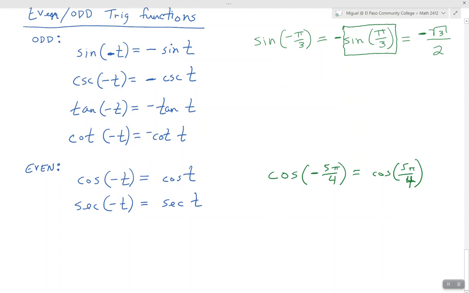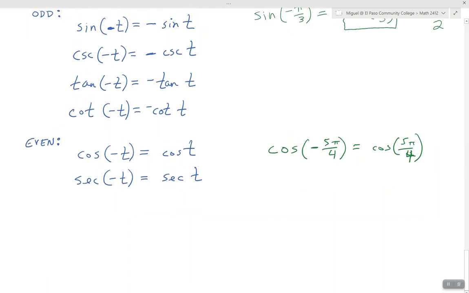Now the reason cosine is even: some of you may recall from pre-cal 1, there was a whole section about even and odd functions and how to figure out if a function is even or odd. You can do this algebraically too, but graph-wise, it's even if the graph is mirrored over the y-axis.